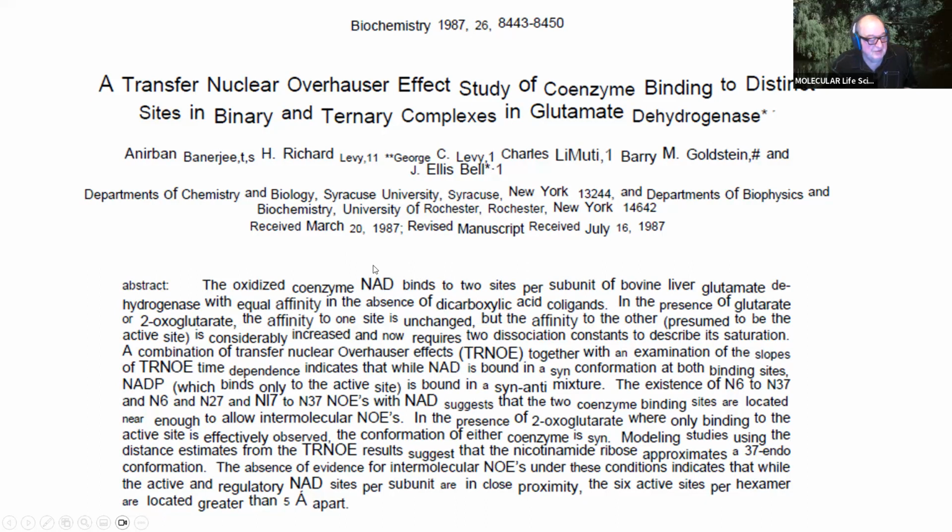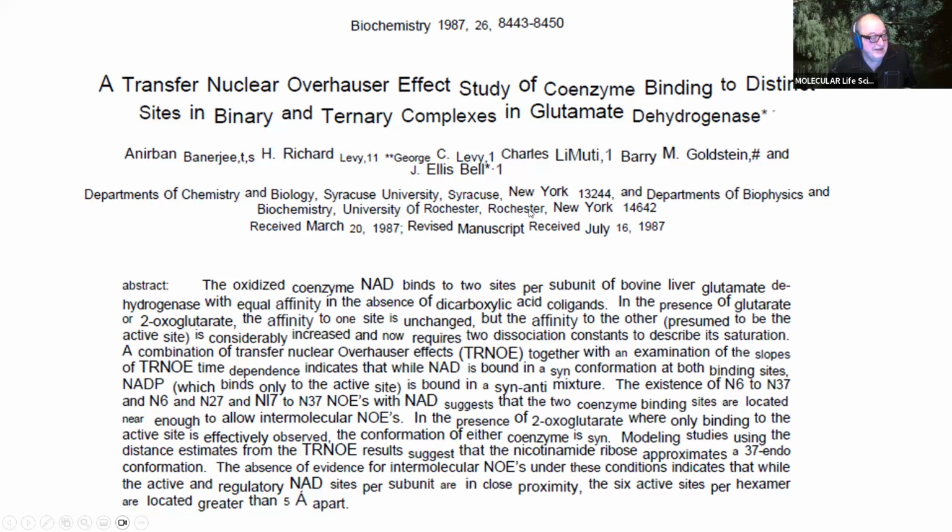And so non-linear Lineweaver-Burke plots or non-canonical Michaelis-Menten plots are never, or should never, be used to suggest that there are multiple sites for the ligand, because there are so many other explanations.